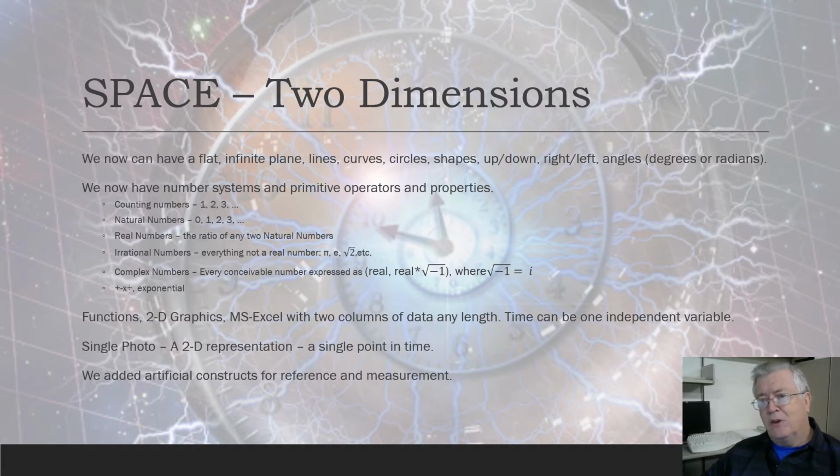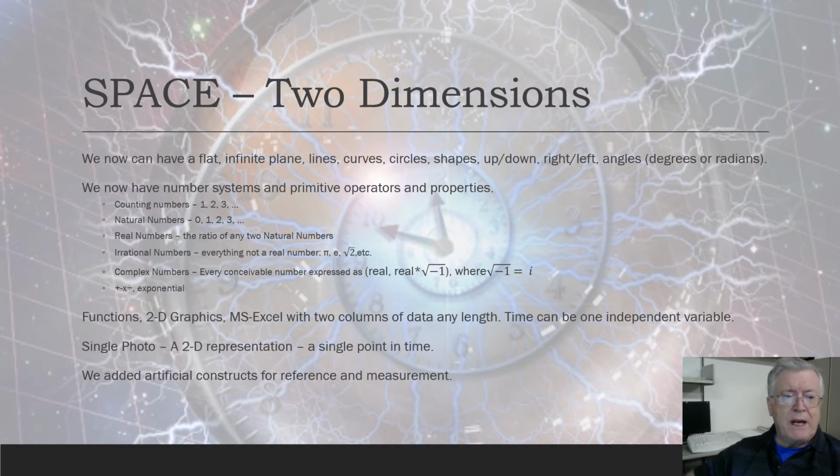We have angles, degrees or radians. And now we can talk about number systems, and also primitive operators and properties. And some of this I'm not going to go into. If you guys want to talk about number systems, we can do that later.